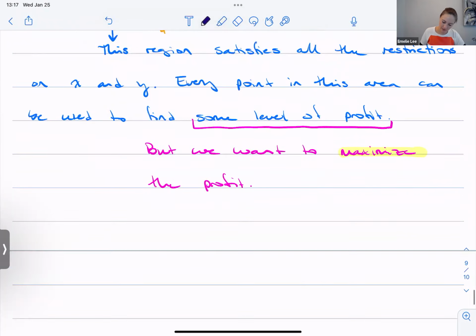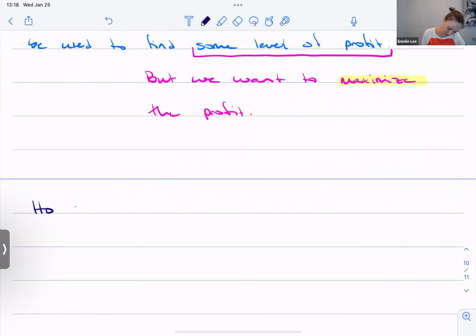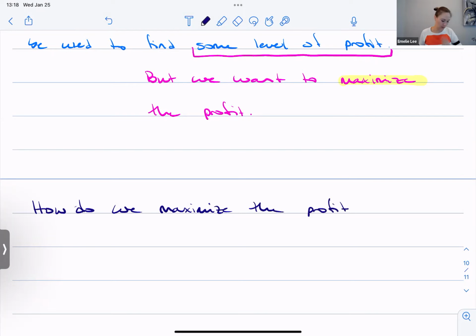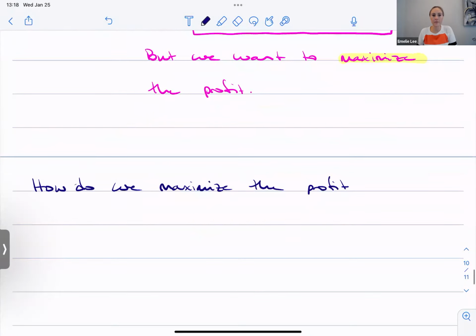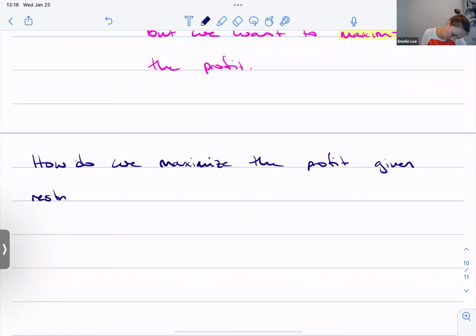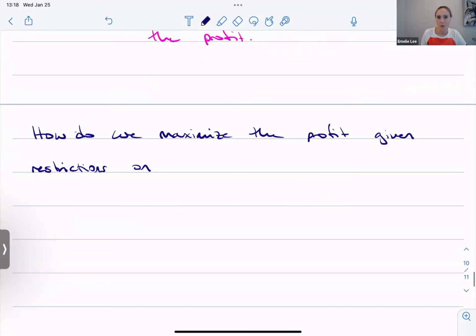So I'll start it on a fresh page here. How do we maximize the profit given restrictions on, we're only going to deal with X and Y?